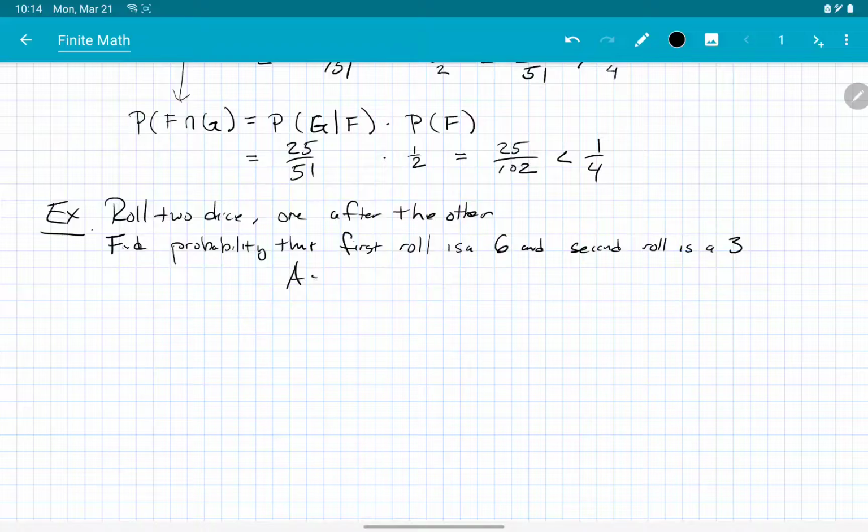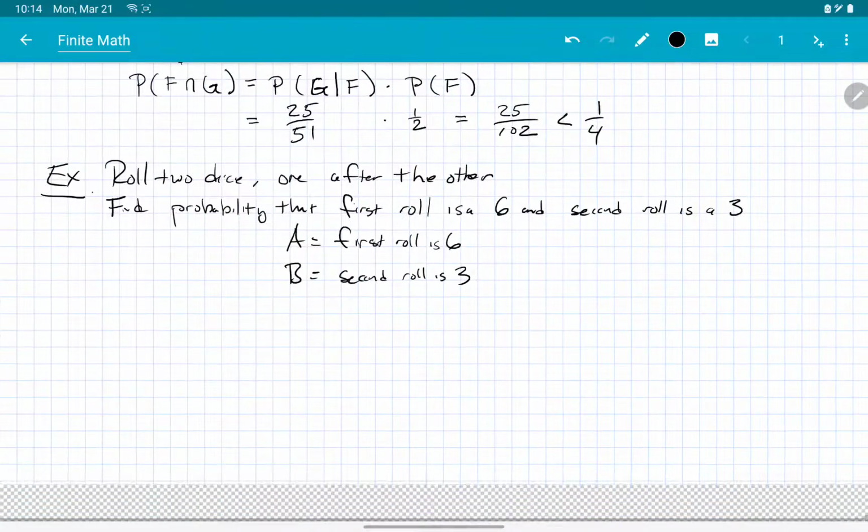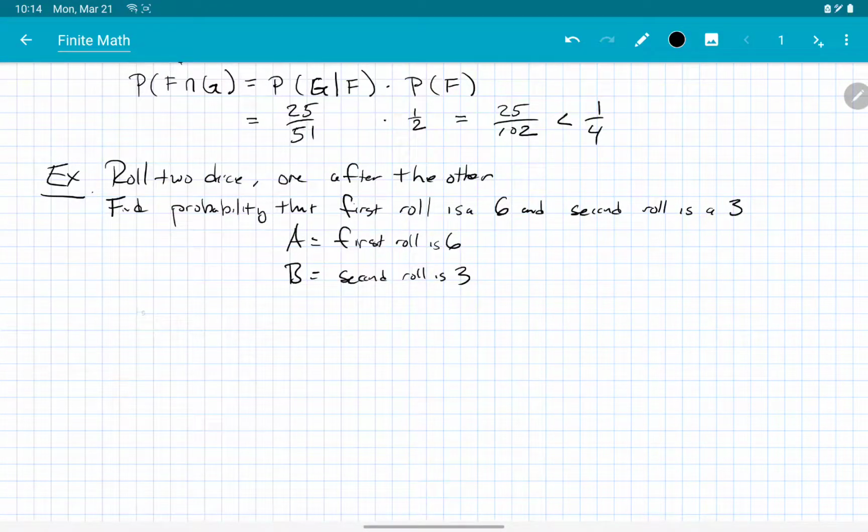So let's call the first roll being a 6 A, and B will be the event the second roll is 3. So those are the two events. We want to calculate the probability of A and B. The first roll is a 6 and the second roll is a 3.